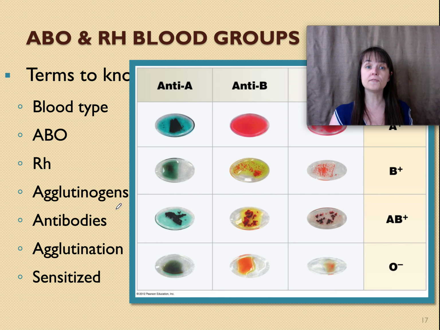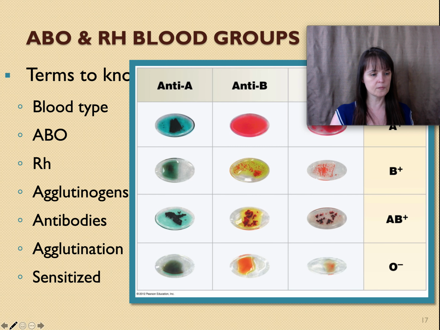Agglutinogens are the surface antigens. Antibodies are the agglutinins. Agglutination is the clumping that we talked about, and sensitized is when you come in contact with a different type of blood and become sensitive to it, which means you make the antibodies against it.